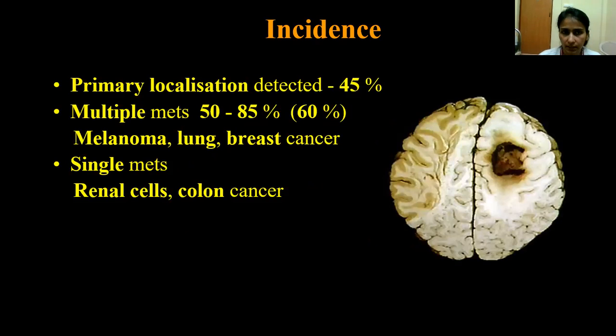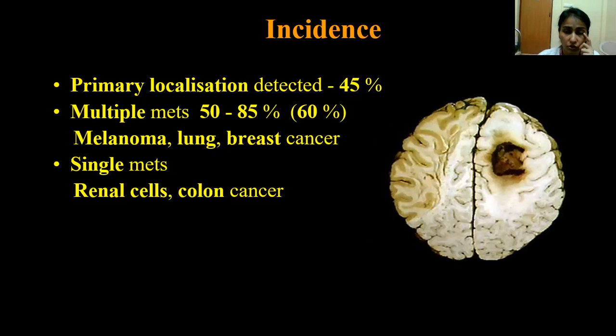Now, the primary localization is detected in 45%, multiple metastasis 50 to 85%. In melanoma, lung cancer, and breast cancer, we see multiple metastasis.